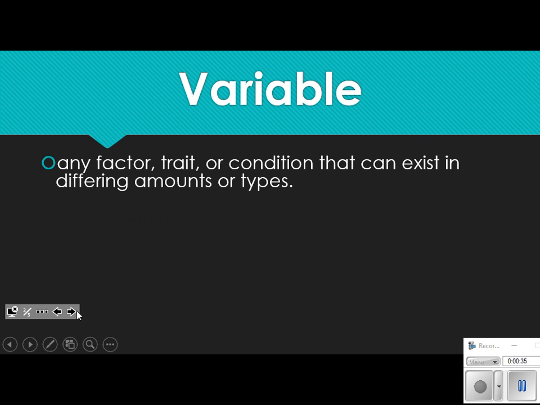A variable is any factor, trait, or condition that can exist in different or differing amounts or differing types. So a factor or part of an experiment that will differ.